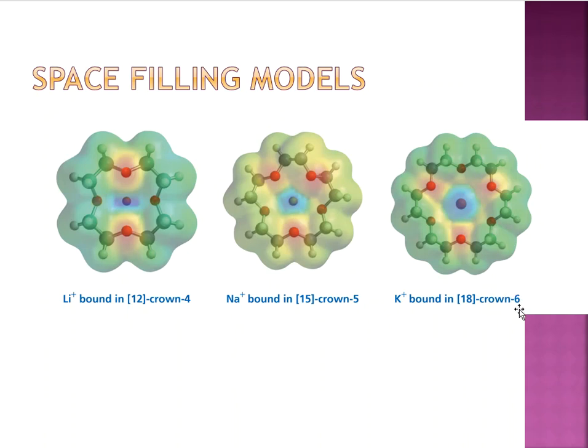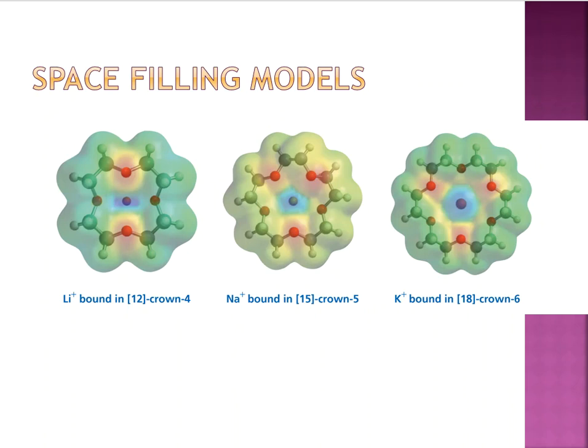A couple of things I want to mention here. Notice the atom on the inside, lithium, it gets bigger to sodium, it gets bigger to potassium. And as the atom gets bigger, well, the ether has to get bigger as well. So the bigger the atom, of course, the bigger cage that it needs to transport it.